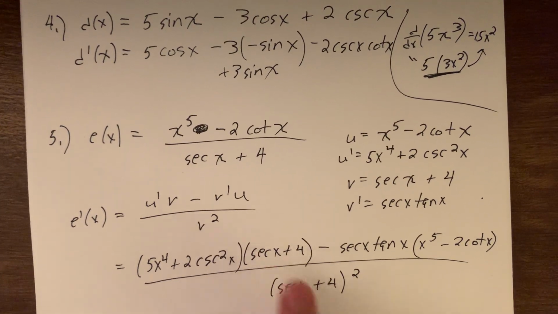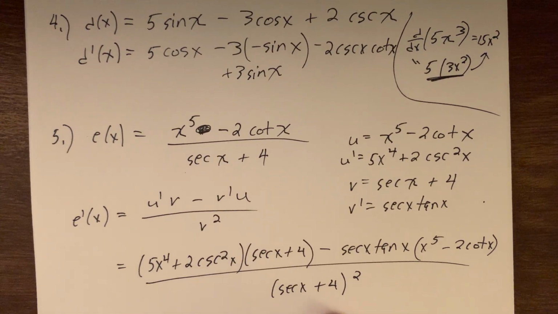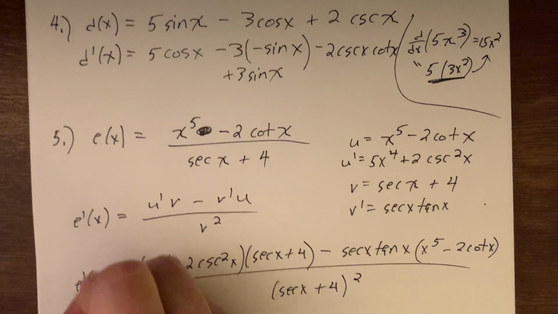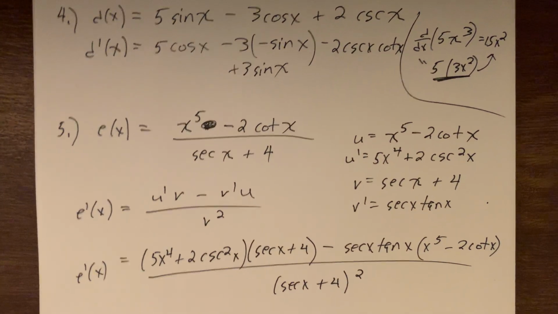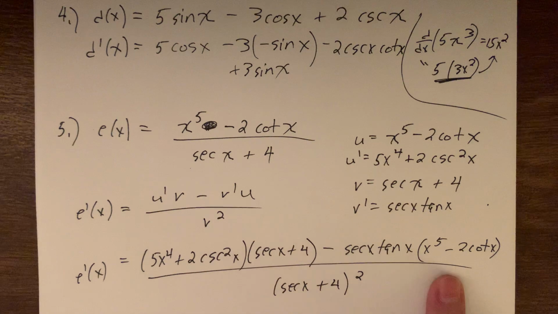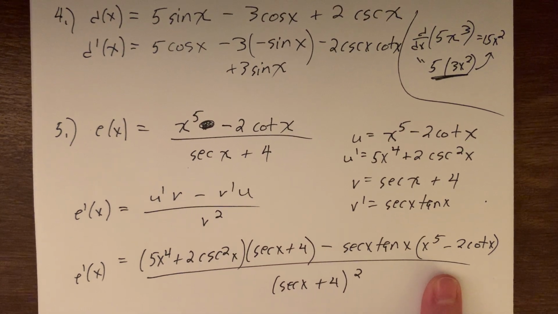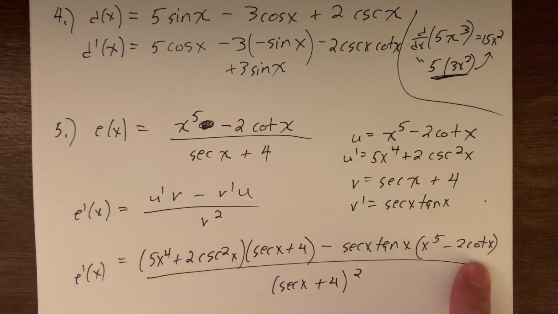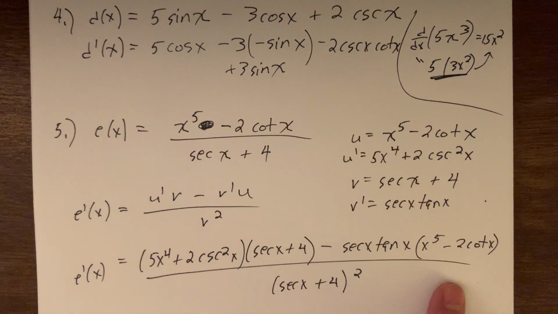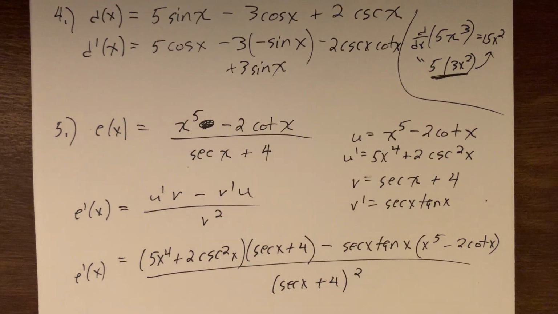Tempting, but that does not simplify. And this is another very good example. We had no choice. We had to use quotient rule. We had a very big, messy answer. And there's really not too much we can do here. Even if you FOIL this out, distribute this, your answer is just still huge and ugly. I'm just going to leave it exactly the way it is.